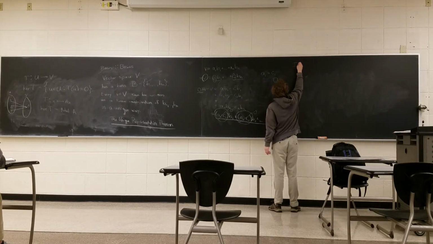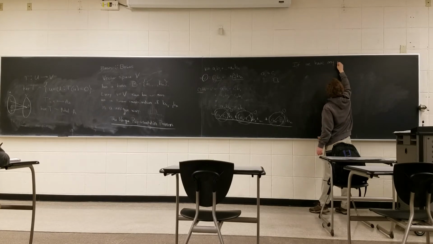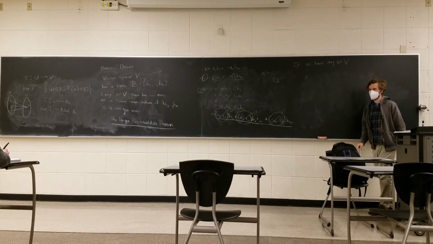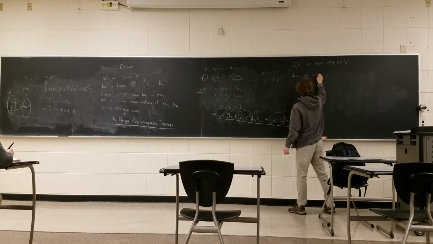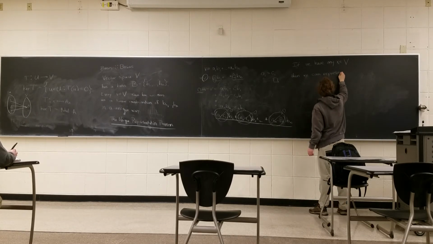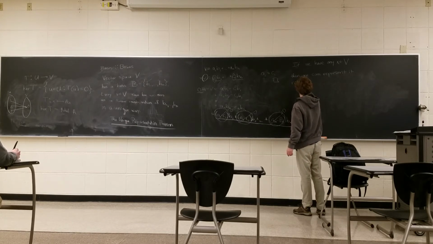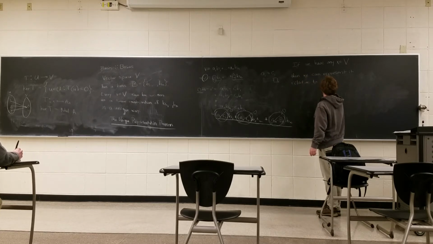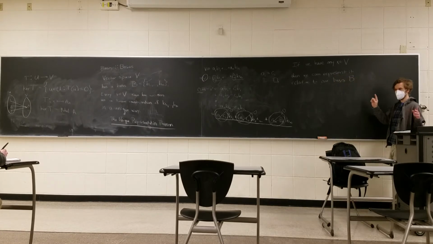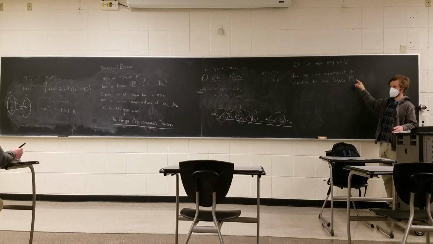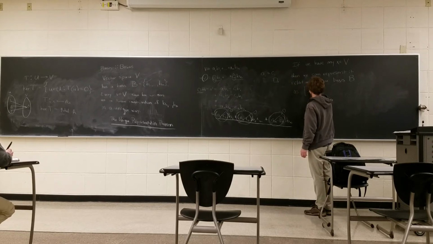So we have any element in our vector space, x, then we can represent it relative to our basis B. Any basis, as long as we have a basis for the vector space, we can represent it relative to the basis in a unique way as this.